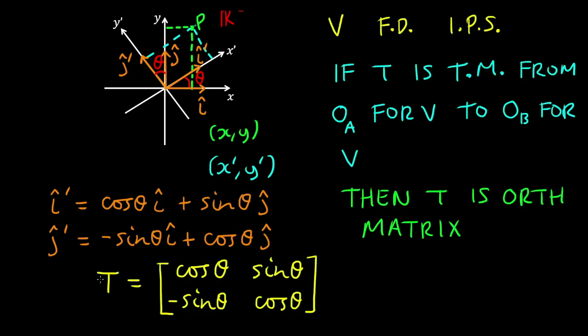So essentially, the transition matrix from the new basis to the old basis is orthogonal, and if you take the inverse of this matrix, that'll be the same as its transpose, which will give you the transition matrix from B to B dash, which will also be orthogonal.